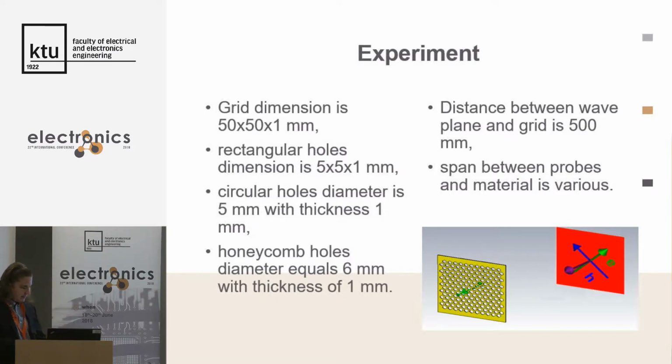Now, let's say something about the experiment. The experiment was performed using two software packages, namely CST Microwave Studio and Wolfram Mathematica for the calculations. CST Microwave Studio has a function called macro, which uses Visual Basic for Applications, a programming language based on Visual Basic.